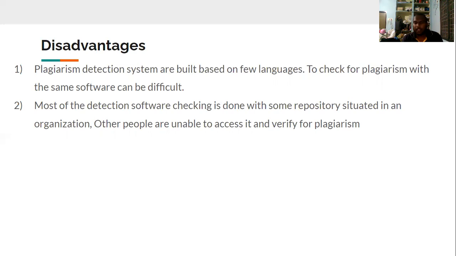So when other people want to verify whether plagiarism occurred or not, it is difficult to access because it is secure.